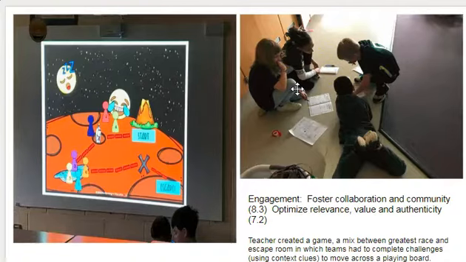They're learning about context clues, and they had a game between the greatest race and escape room. They had to move across this playing board, and that helps with the relevance of this type of activity. Context clues can be kind of boring for some people, myself included, so when you gamify it and work together, it definitely makes it more engaging.